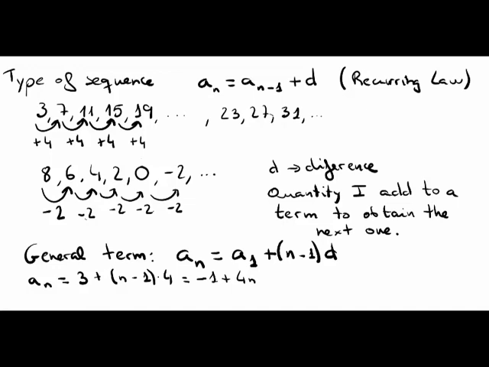And in the second sequence, bn can be calculated by taking the first term and adding to it n minus 1 multiplied by the difference. So 8 plus n minus 1 multiplied by minus 2, which equals 10 minus 2n.